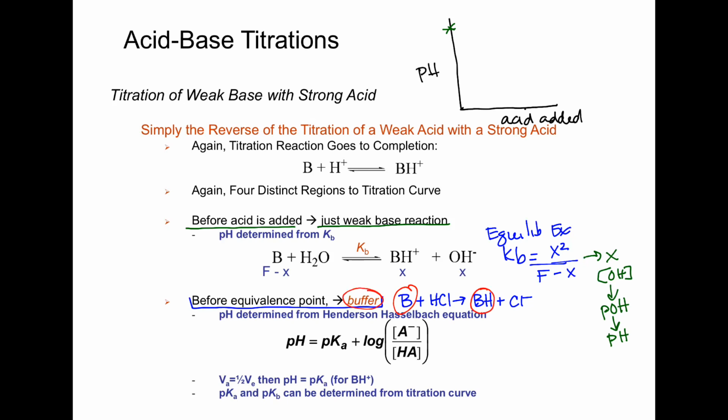So we can use the Henderson-Hasselbalch equation to calculate the pH for that buffer region. The buffer region, again, is between the initial point and the equivalence point, so anywhere in between those two. So if we're following along on our titration curve, in this buffer region, once we start adding acid, the pH should start going down, but not very fast. So that's the buffer region.